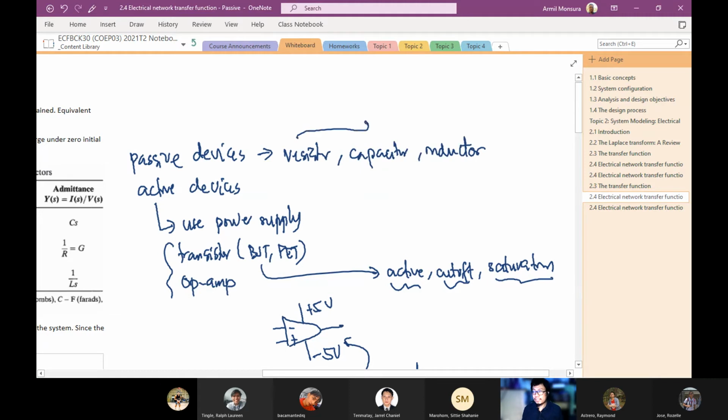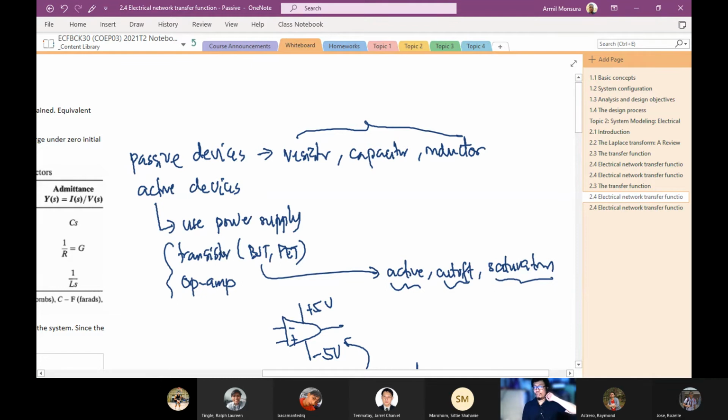So if these components are used in a network and them alone, walang involvement ng active device, that network is considered to be a passive network. Pero if your network uses at least one active device, then that network is considered to be an active network.